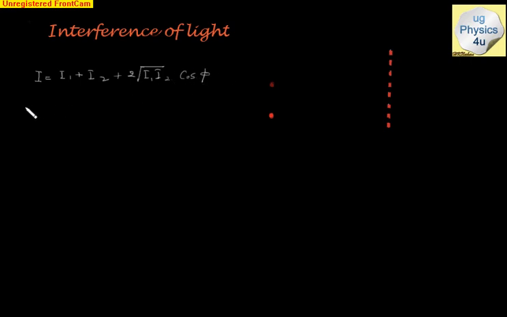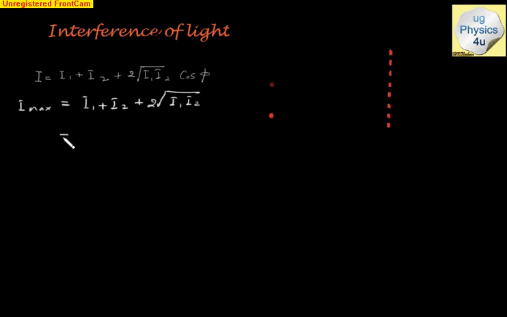So maximum intensity will be when cos phi is equal to plus 1. Therefore, in that case, it will be I1 plus I2 plus 2 times the square root of I1 I2, because cos phi is plus 1 for maximum intensity, that means brightness.